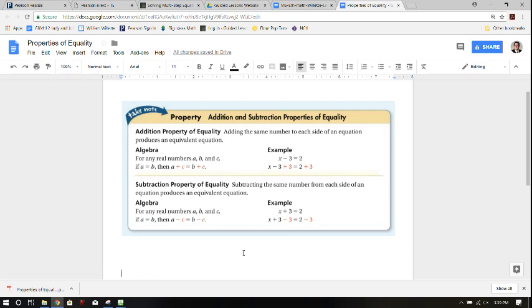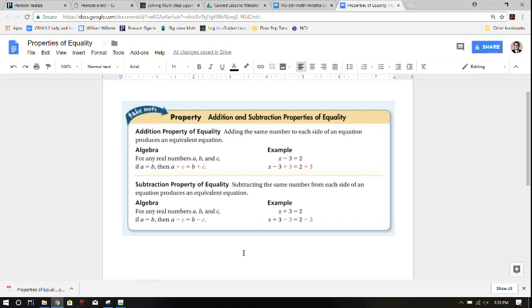The first one is the addition property of equality. And it states that if you have 3 different numbers, a, b, and c, if a is equal to b, like 4 is equal to 4, then a plus c equals b plus c, like 4 plus 3 equals 4 plus 3. And then an example algebraically is x minus 3 equals 2.